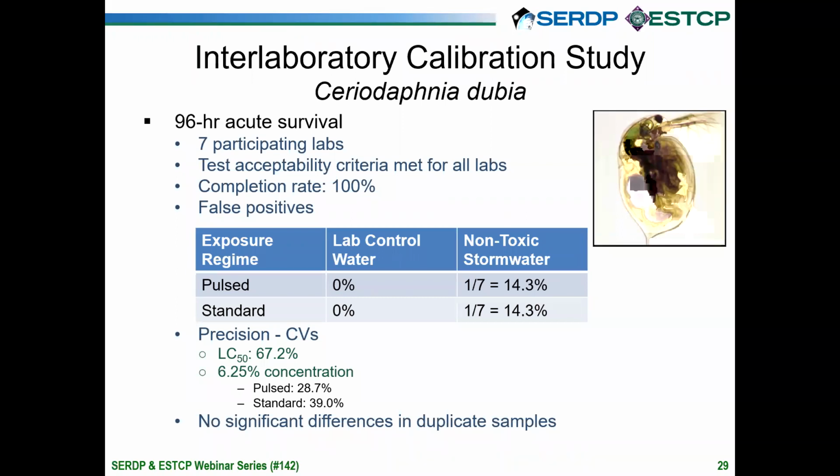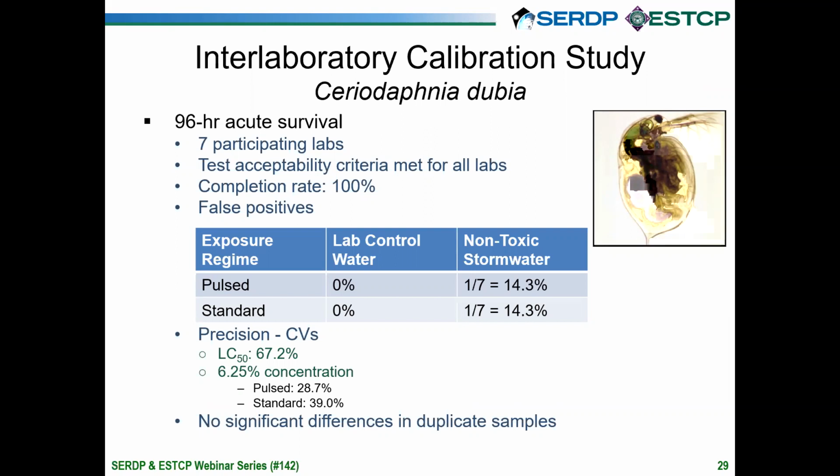The false positive rate for this species was 0% for the laboratory control water. And as an additional analysis, we also looked at whether there were any false positives for the non-toxic stormwater sample that was evaluated as well.